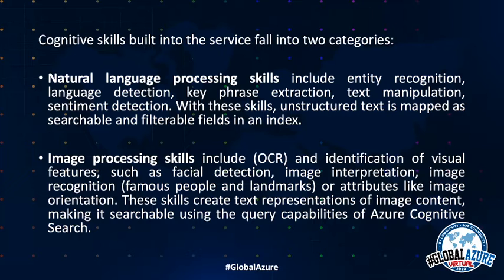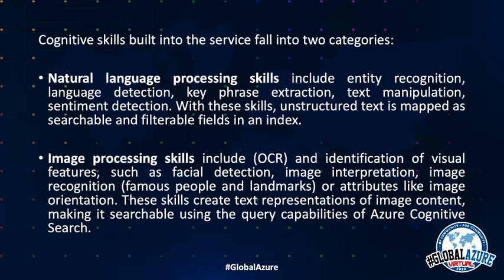And the second option is image processing skills, which of course, if your data are images or video, you can get OCR, you can use facial detection, recognize the person, image recognition for famous people, landmarks, the description of what is happening in this picture.